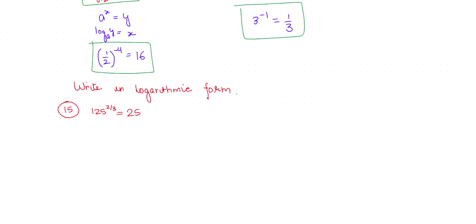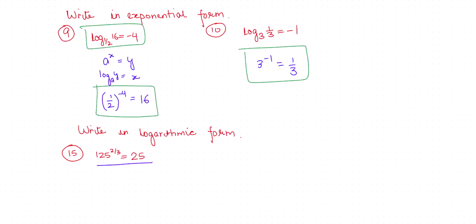So now we have to write this in the form of a logarithmic function. So this is a. First we write log, then we write the base, which is 125.